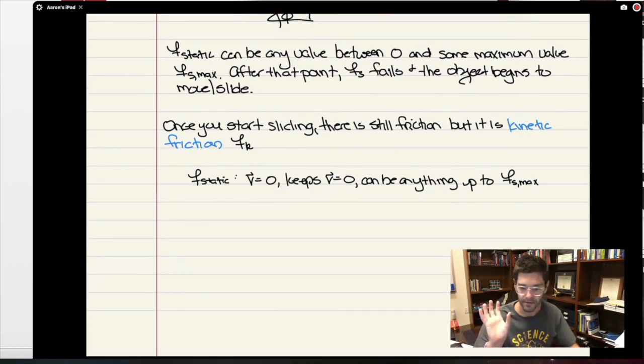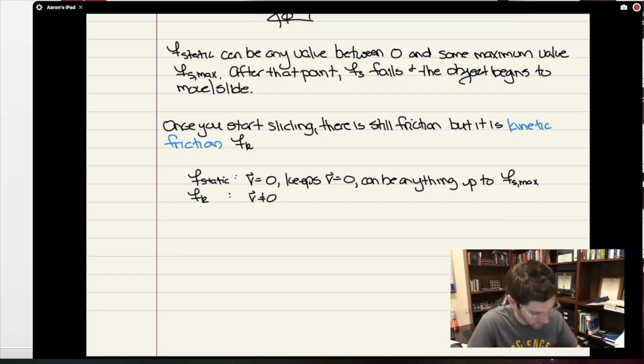So it's mg sine theta pulling the box down, F static pulling the box up. Eventually, mg sine theta is too big, such that it's bigger than this maximum static friction. Static friction therefore gives up. Then that becomes F kinetic, which only operates if there's motion.